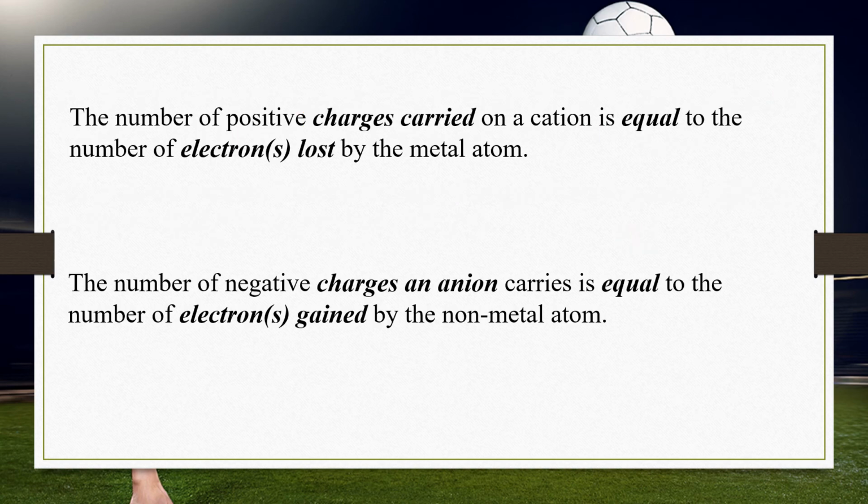These two sentences, we had them on our previous slides. However, what do they mean? When we say the number of positive charges carried on a cation is equal to the number of electrons lost by the metal, let us assume our cation is this one here, magnesium 2+. This 2 here, the number of positive charges, is always equal to the number of electrons that have been lost.